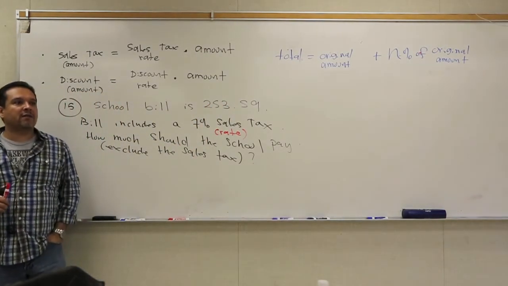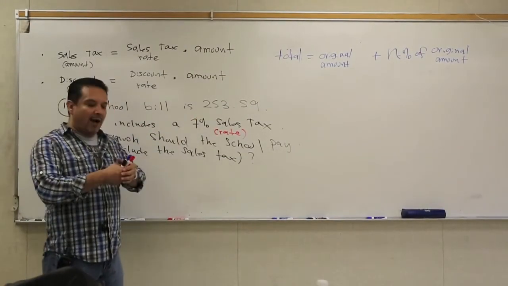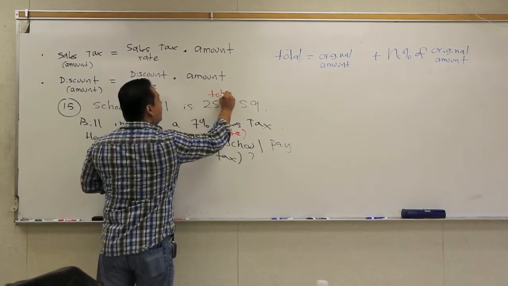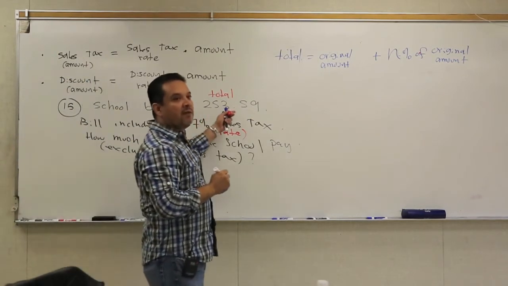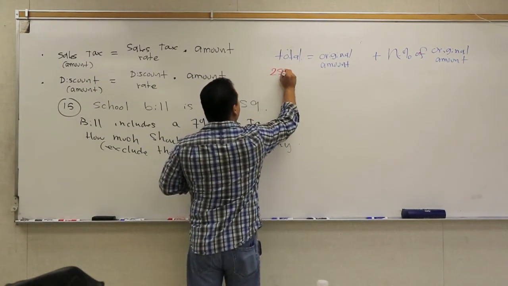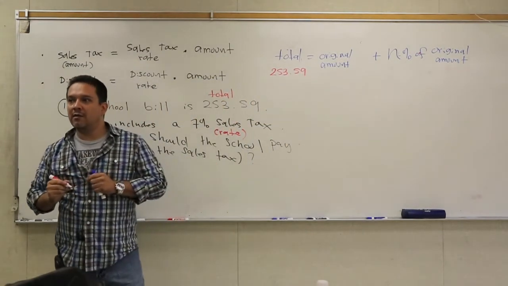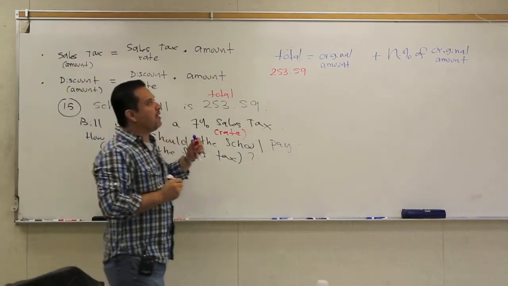Okay, you guys okay with this? This is how this is working. This number is the total. Good. Where does that belong in your model? Where does that 253.59 belong? Isn't that right here? You with me on this? Do you guys notice that the sales tax rate is still 7%?